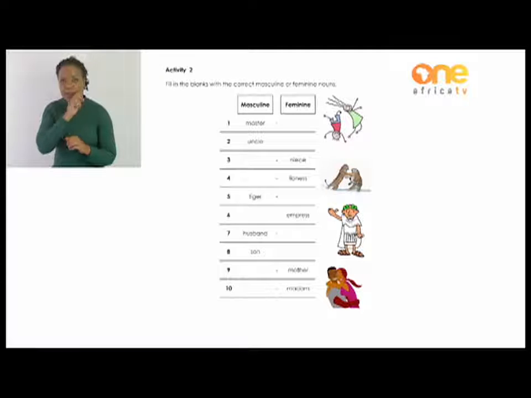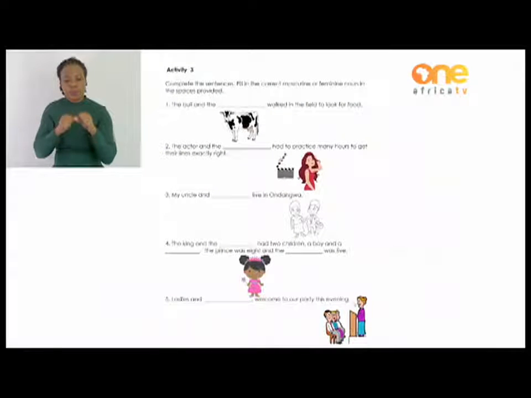Let's continue. Let's turn our books on page 6, where you are supposed to complete the sentences. Fill in the correct masculine or feminine noun in the spaces provided. I will do likewise.